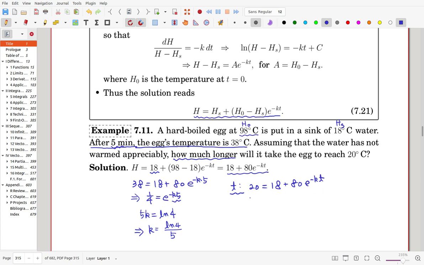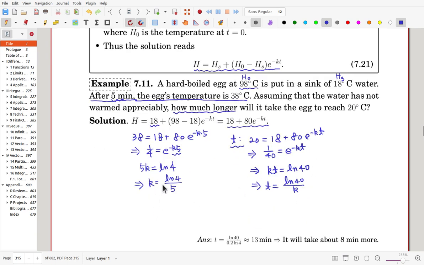That gives 2 divided by 80, that is 1/40, equals e to the minus kt. Taking the logarithm and multiplying by minus 1, we get kt equals logarithm 40. So the time is logarithm 40 divided by k.